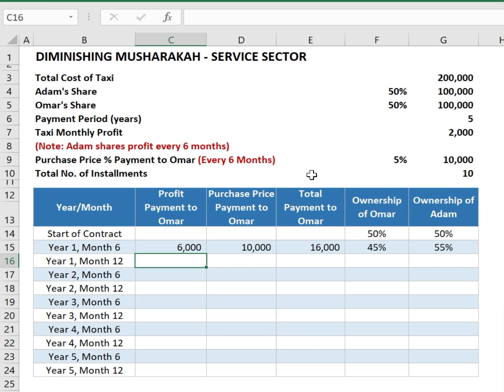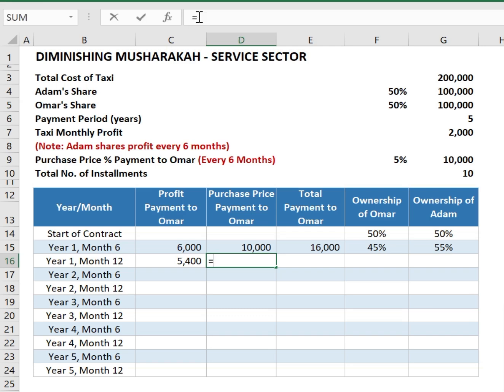In year 1, month 12, the profit payment to Omar varies considering that his ownership interest changes in this particular period. It is determined by the taxi monthly profit of 2,000 pesos by 6 months, multiplied by his new ownership interest of 45%, and that is 5,400 pesos.